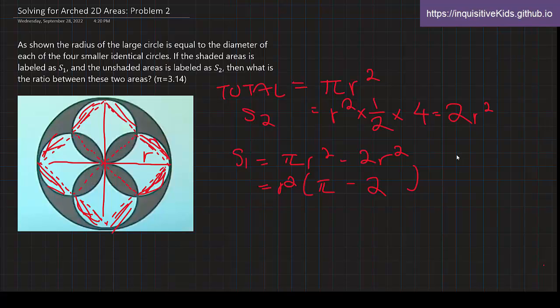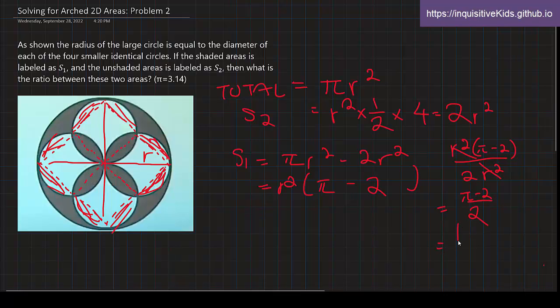So if we put S1 on top of S2, which is r squared multiplied with pi minus 2, that's on the top, and on the bottom is 2r squared. The r squared cancels out, and we have pi minus 2 over 2. That would be equal to 1.14 over 2, which in the end is equal to 57 over 100. So our final answer would be 57 to 100.